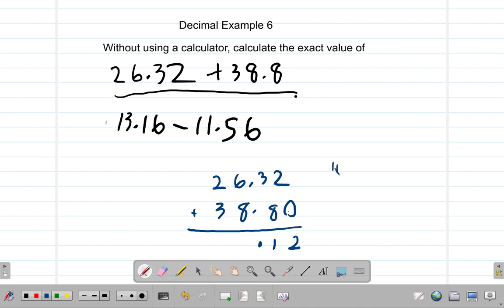Bring down 1. Carry 1, come over here. 8 and 6. That's 14 and 1, 15. Bring down 5, carry 1. 3 and 2, 5 and 1, 6. So we have 65.2 for the numerator.